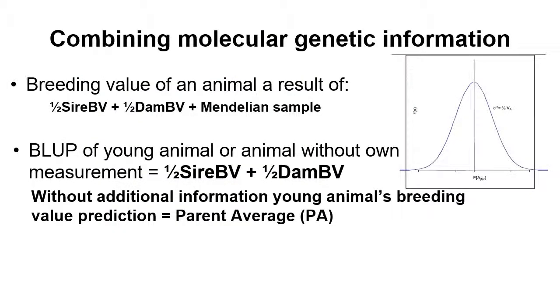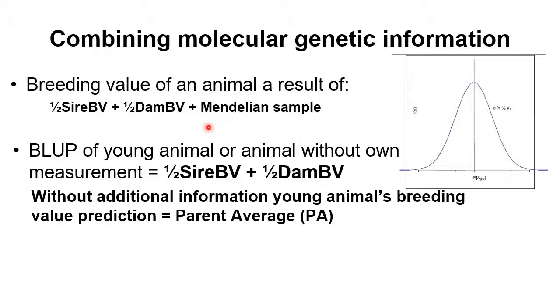Good. We have seen so far that the breeding value of an animal can be defined as getting half the additive genes from the sire and half the additive genes from the dam, but it's a random sample from each of the parents, and we call that the Mendelian sampling.